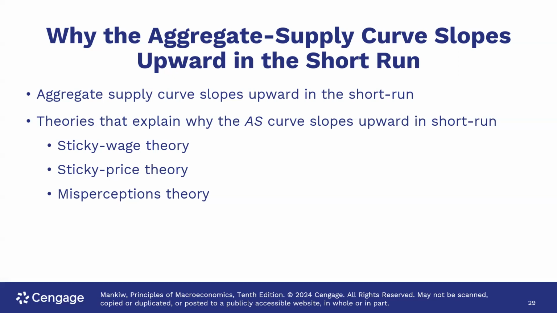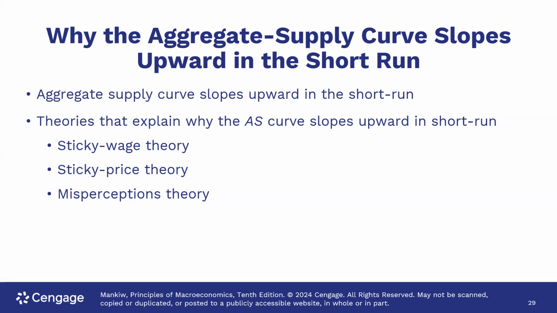There are three types of theories that may explain why the aggregate supply curve slopes upward in the short run. In other words, they explain why the aggregate supply increases when the price level goes up, right? Those three theories still have some controversy over them. Not a single one of them can explain everything, right?